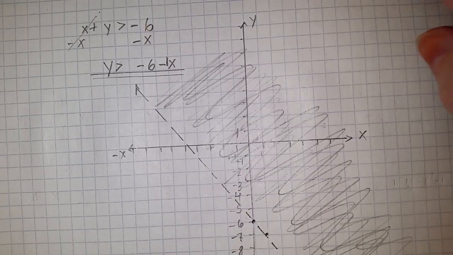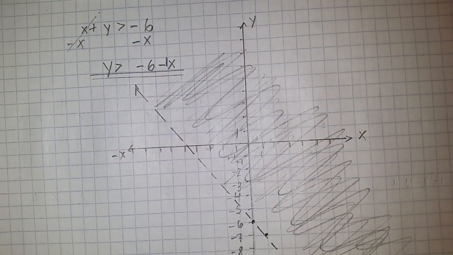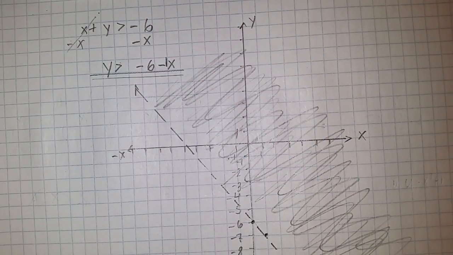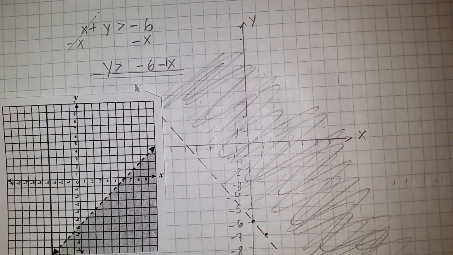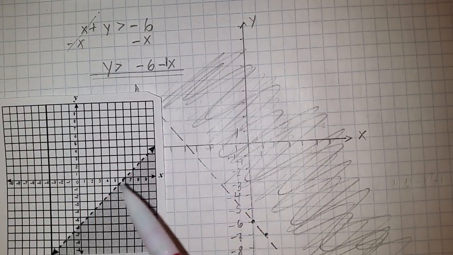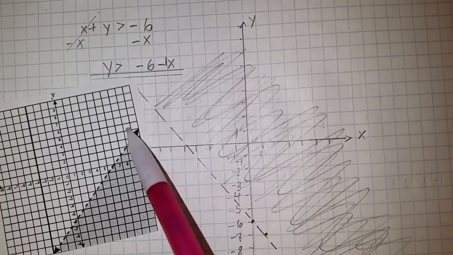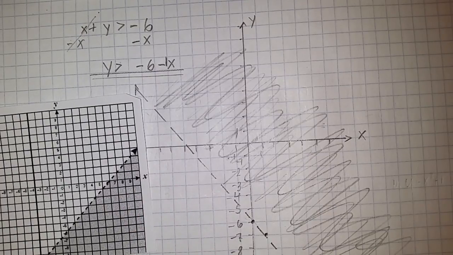Now if you go back to your options, let's see if this actually matches what we have in our answer choices. If we're looking at A, certainly A is a dotted line, so that could be it, but number 1, it's shaded below, and number 2, the line is increasing. It doesn't look like our line, which is going the opposite way.